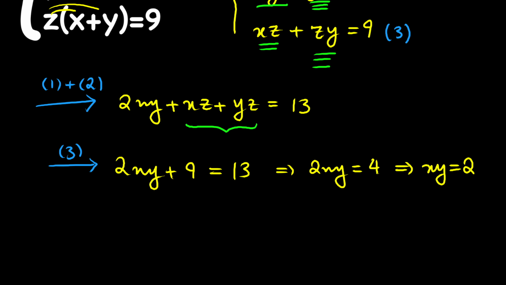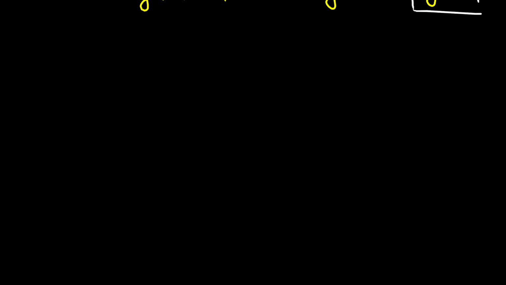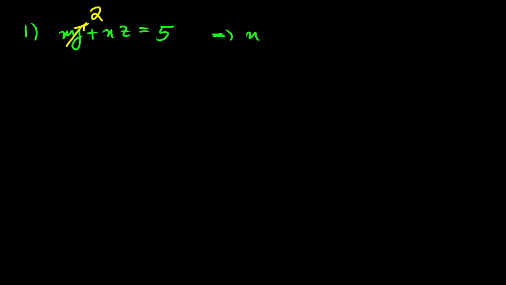So we have solved for the first item, x times y equals 2, and we're going to use this to solve for the other two items. So based on the first equation, we know that x times y plus x times z equals 5. And now we know that x times y is 2, therefore x times z has to be 3.